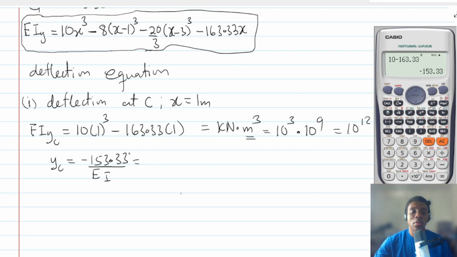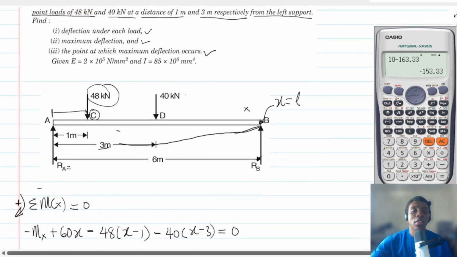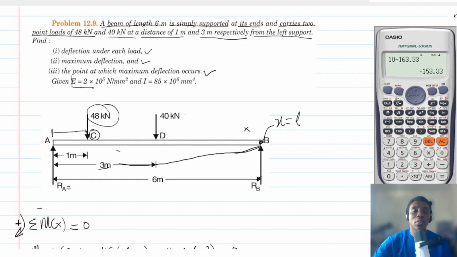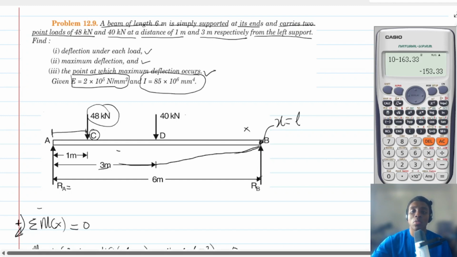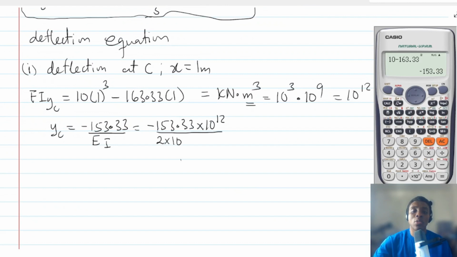All right, so basically we are just going to multiply here by 10 to the power 12, then we divide it by EI. So we are going to divide it by EI, and then E is what? So 2 times 10 to the power 5, and then I is 85 times 10 to the power 4.